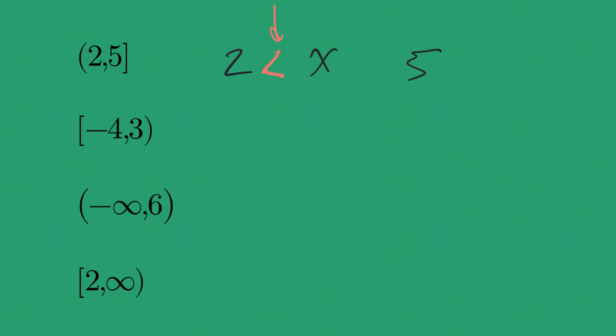Less than or equal to. Correct. Good. There's a bracket around the 5, so that is definitely going to be an "or equal to." We're talking about numbers between 2 and 5, so it's got to be values that are greater than 2, hence the parenthesis, and less than or equal to positive 5, hence the bracket.